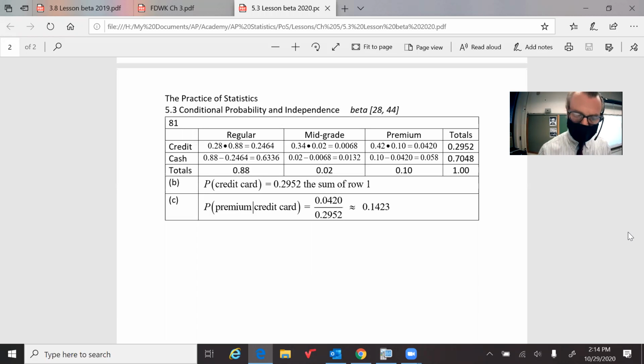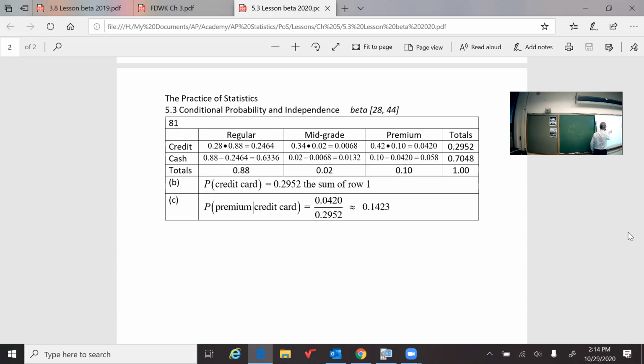Then they turn around and say, of those who bought regular, 28% pay with a credit card. So our rows are cash and credit. When you go to regular, it's 28% of the regular gas buyers.